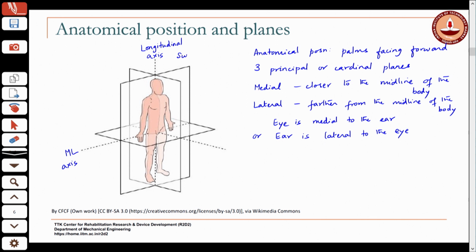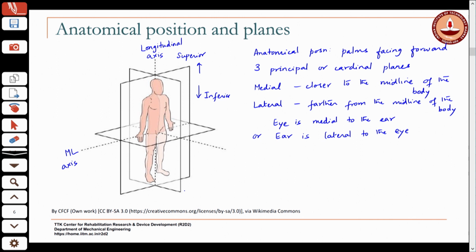Okay. So, this direction is superior, this direction is inferior. So, when we talk about something with reference to the longitudinal axis, then you are talking about a location that is superior or inferior.